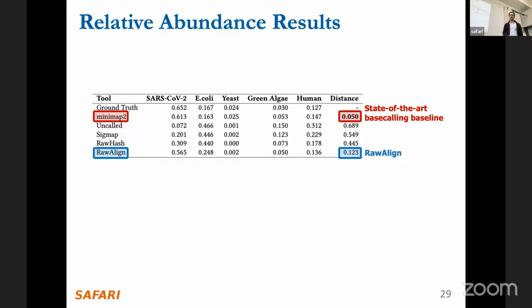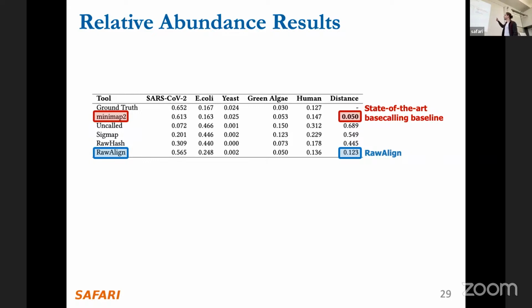Now the other raw signal tools have a huge distance if you compare them to Minimap2. So they hugely struggle with correctly estimating the number of reads because they have accuracy issues, especially on this relative abundance data set. But it turns out that RawAlign is the first of these raw signal tools that does kind of reasonably.